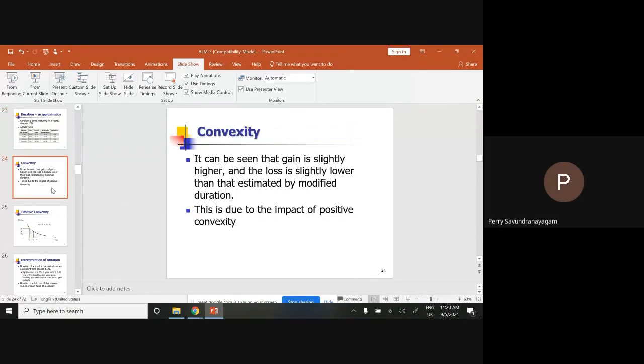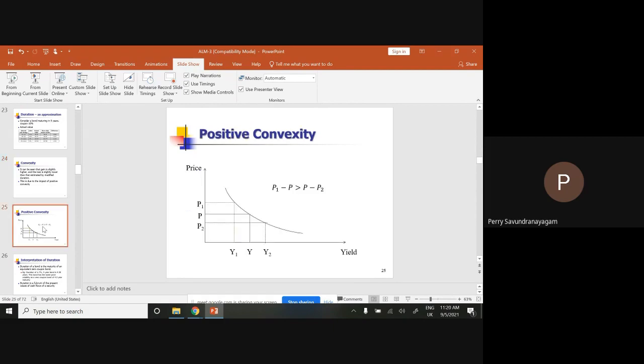So the next concept is convexity. This is based on the shape of the yield curve and the slope. Basically, the loss or profit is slightly different to what the modified duration will give because of the shape of the yield curve. So, for example, looking at the yield curve here, P minus P1 is greater than P minus P2.